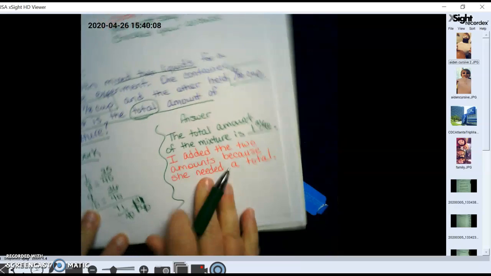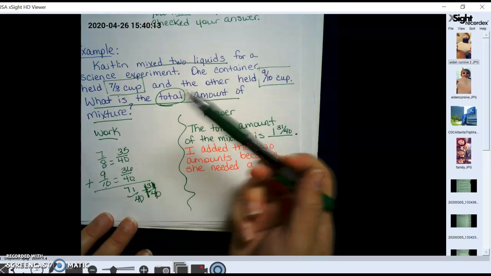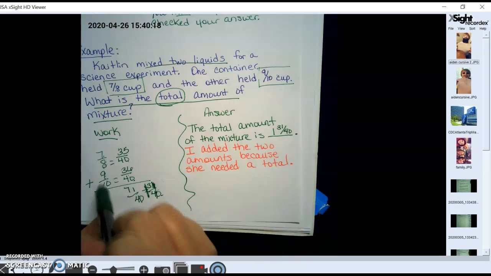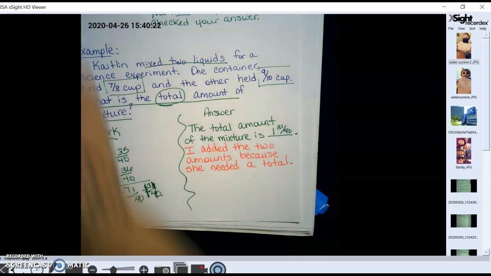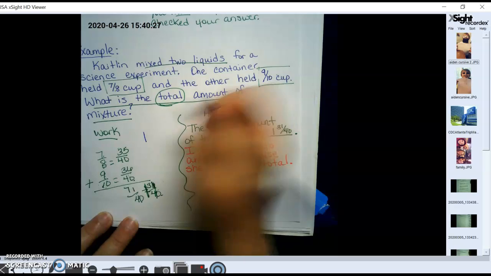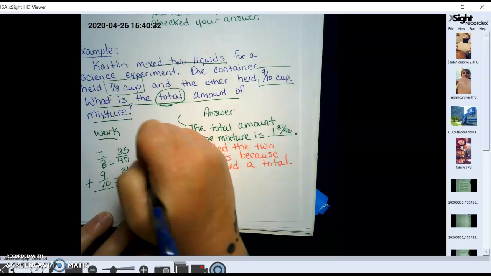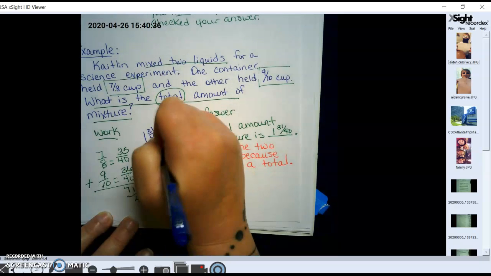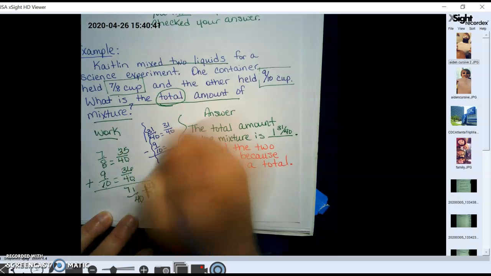So, in order to check this, whenever you're checking addition or subtraction, the easiest way to do it is I can take this and subtract 9/10 and see if I end up with 7/8. And that will help me see if I did it correctly. So 1 and 31 over 40, minus 9/10. Again, we're going to use 40 as a common denominator. Remember, I separate these.